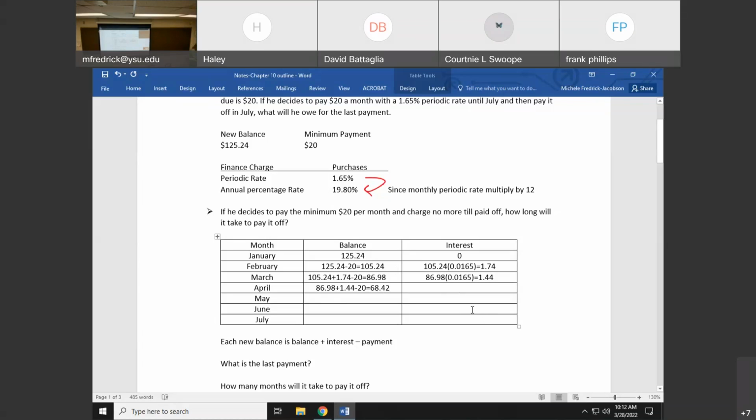This is assuming that he hasn't made any more purchases. Any questions so far? Okay, go ahead and do the May.